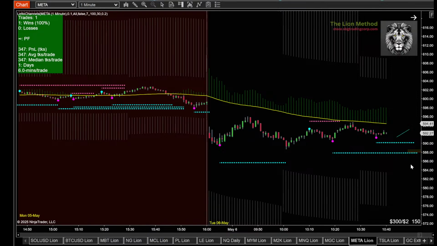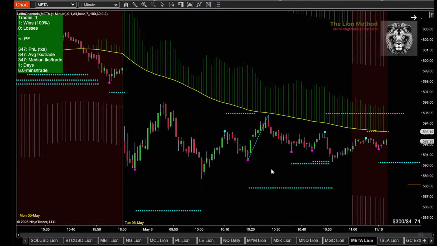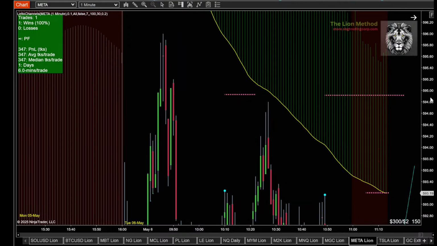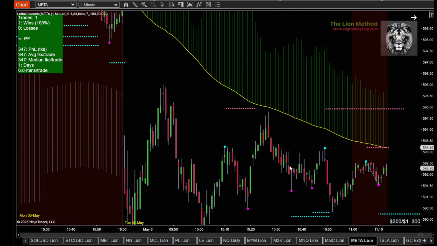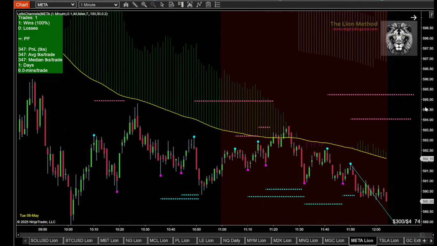That's my expectation. I expect it to fulfill how it normally has behaved. We don't get a buy dot until right here, and it turns out it does not hit our target, but we would have been break even right at this bar. So that was a break even trade.